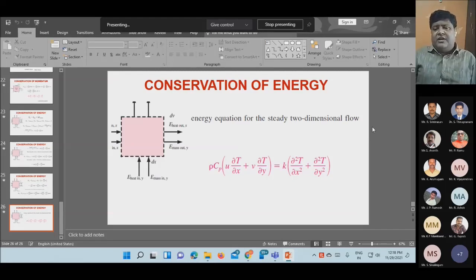In that case, we first calculate the critical length. The critical length uses the same Reynolds number formula. Re is nothing but u x, velocity into, instead of length, we put the critical length, x_cr, divided by nu. For a flat plate, the critical Reynolds number at which the flow changes from laminar to turbulent is 5 into 10 power 5.